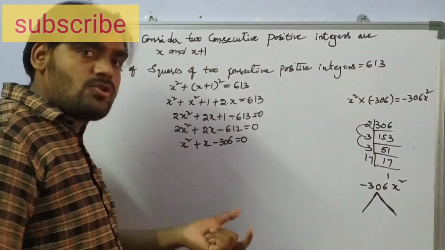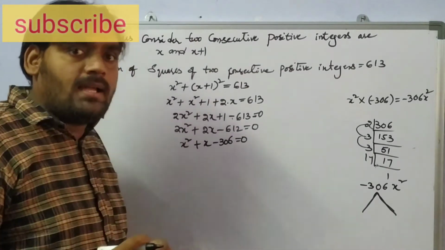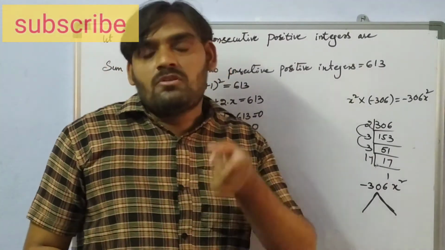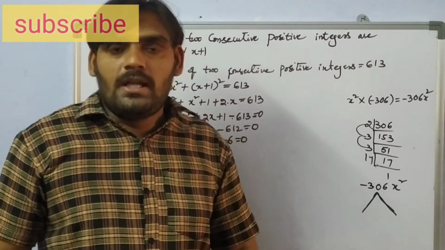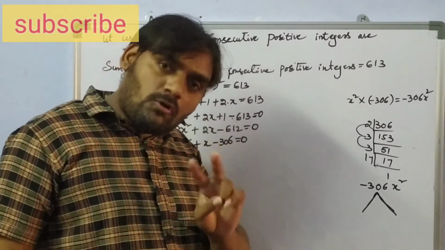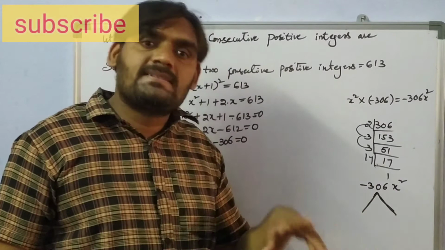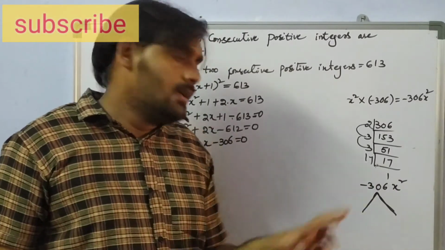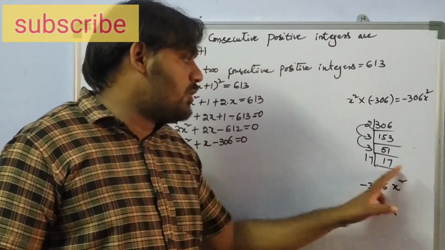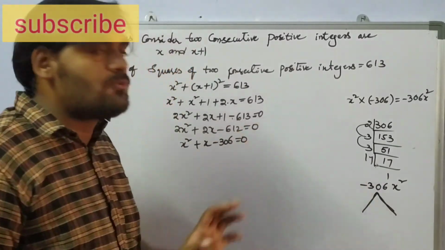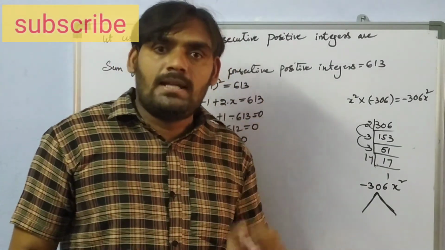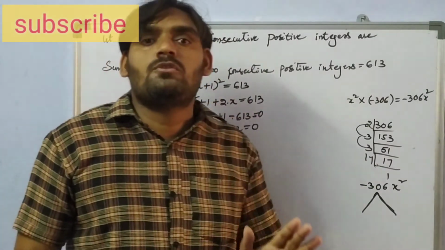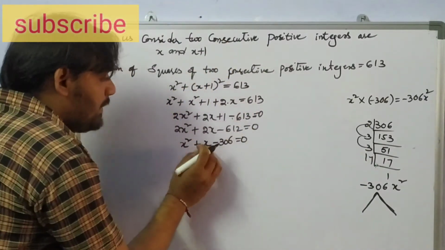When you add those two terms, we need to get plus x. At that time, between two terms, one term should be positive and another term should be negative. Then only the product is negative. Plus into minus is minus, minus into plus is minus. So that only here the product is minus. So one term should be negative and the other term should be positive.